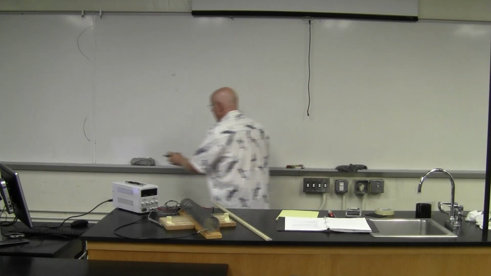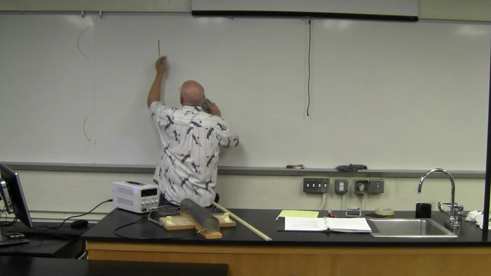This one says vary the number of turns, but don't change the current. All right, so I will leave the current set at the 2.5 amps, and I'll set up a little table here.